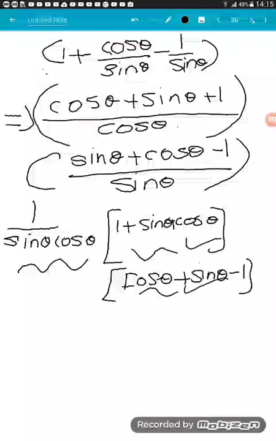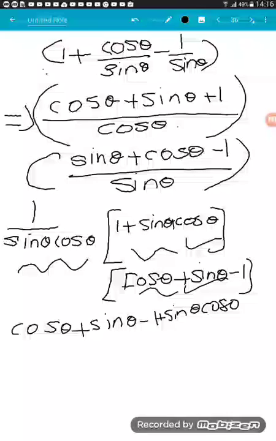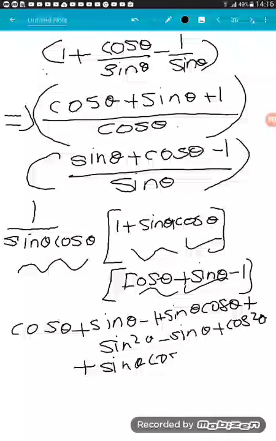and this and this. So on opening the bracket, it will become 1 into cos theta, it is nothing but cos theta plus sin theta minus 1, and this sin theta into cos theta is plus sin theta cos theta, and sin theta into sin theta will become plus sin square theta minus sin theta plus cos square theta, then plus sin theta cos theta minus cos theta.